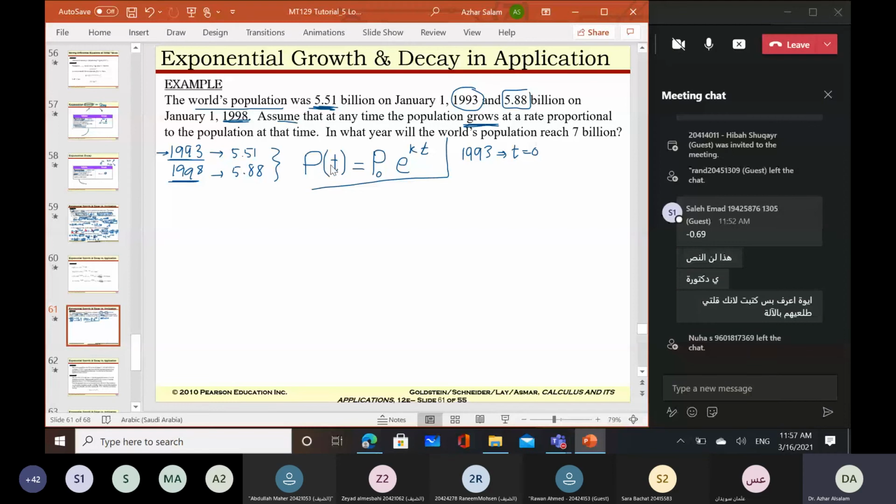I can substitute here with t equal to 0.